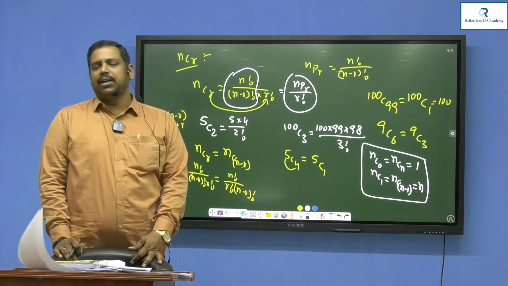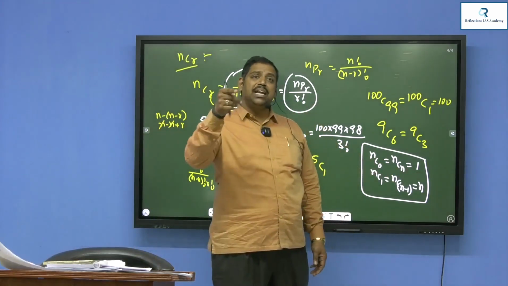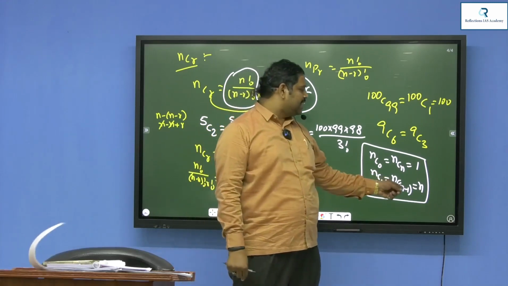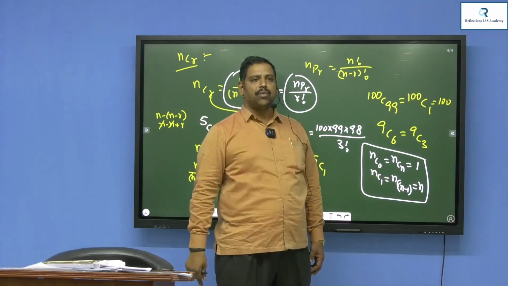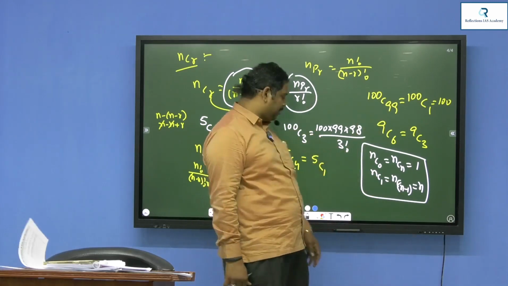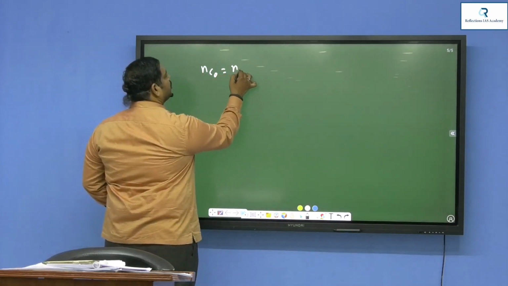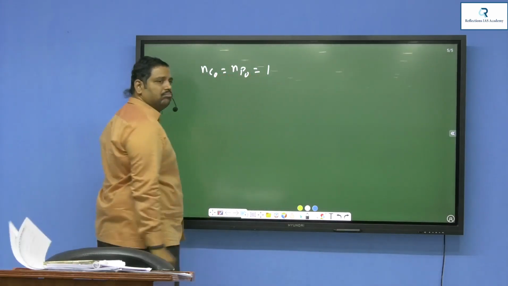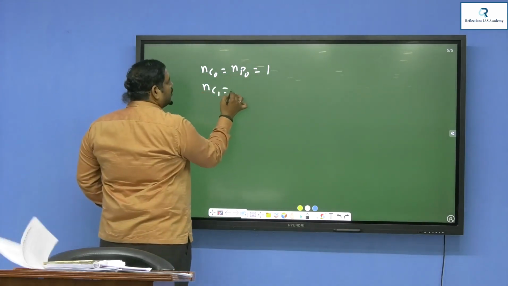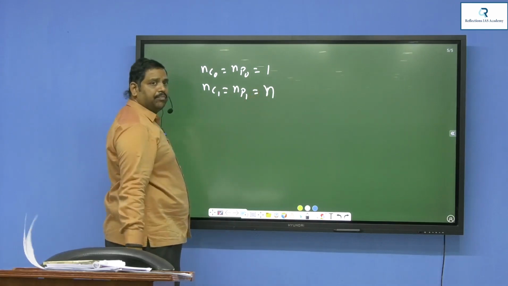Next one, what is the value of nCn? 1. But nPn is n factorial. nC(n minus 1) is n, while nP(n minus 1) is n factorial. See, I am writing both together. nC0 is equal to nP0 is equal to 1; both are equal, not a problem. nC1 is equal to nP1 is equal to n; both are correct and the same.